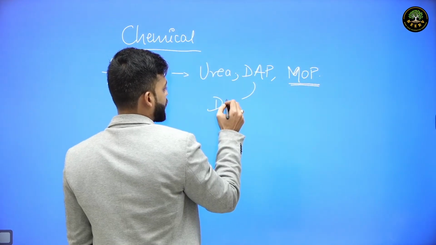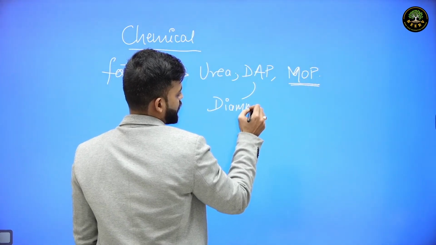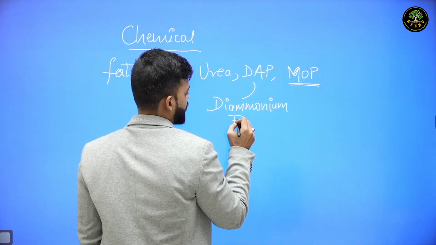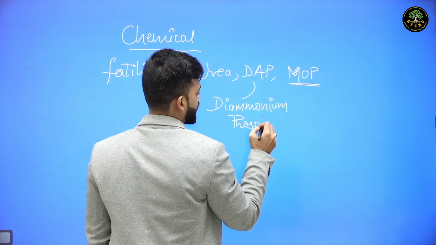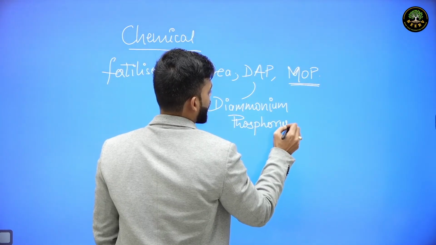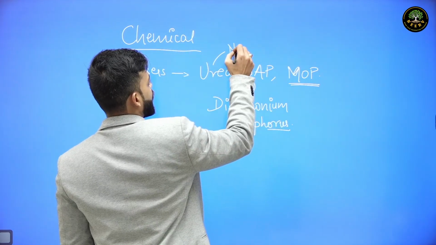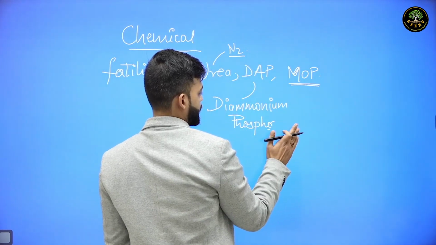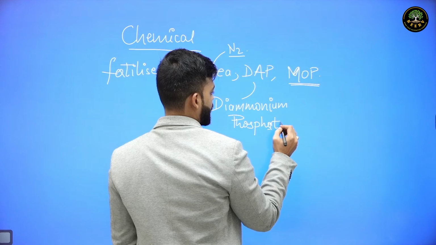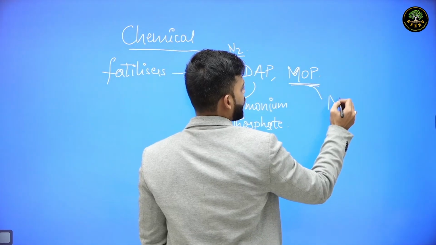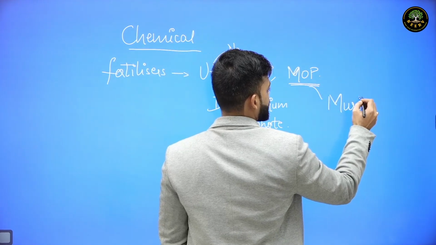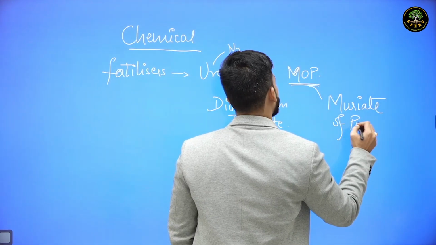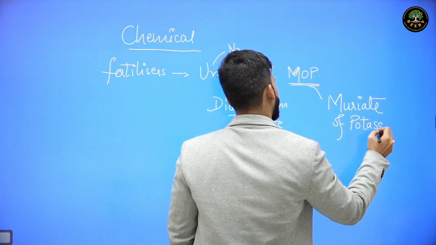DAP basically provides phosphorus to the soil. Urea provides nitrogen to the soil. And muriate of potash provides potassium to the soil if they are deficient.